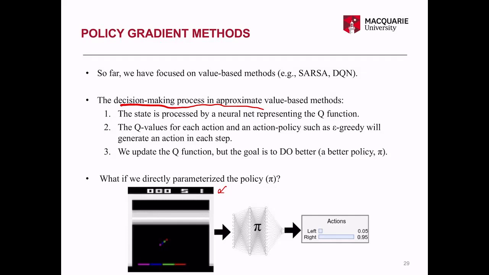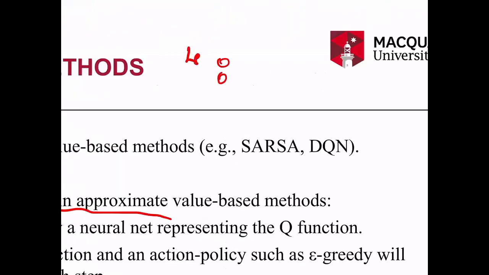Notice that whenever you're training a DQN or SARSA, the output is, let's say we have two possible actions. One action is left, the other action is right, for a very simple environment such as cart pole.